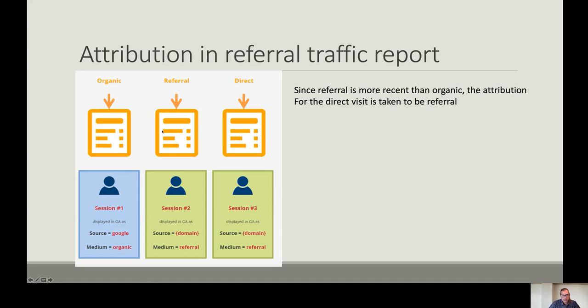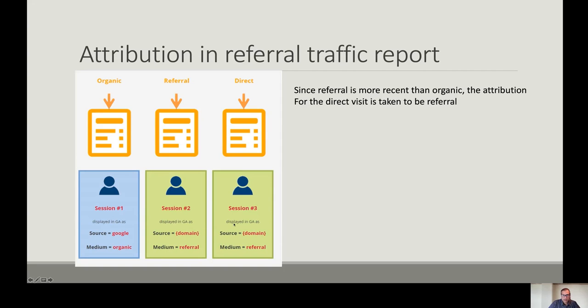So this website created a referral for our website. The session 2 came in through that referral. That's why the medium for the second visit would be referral and the source would be the domain name, the website URL address which referred this user to our main website.